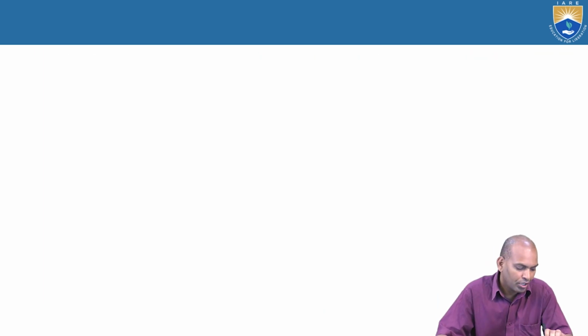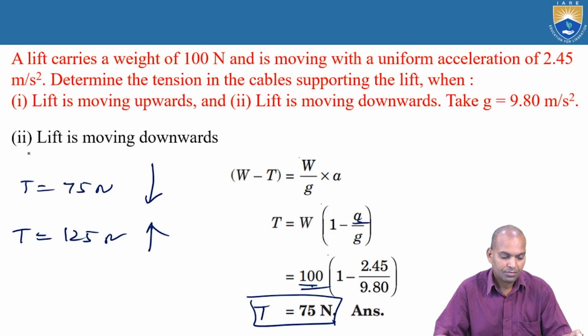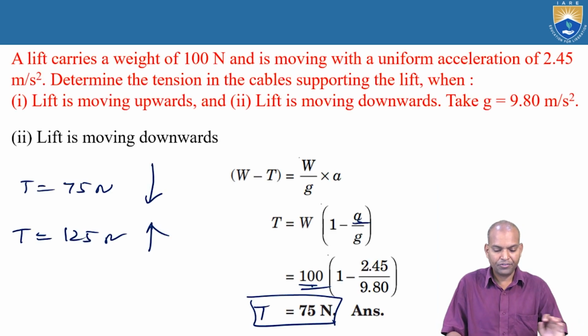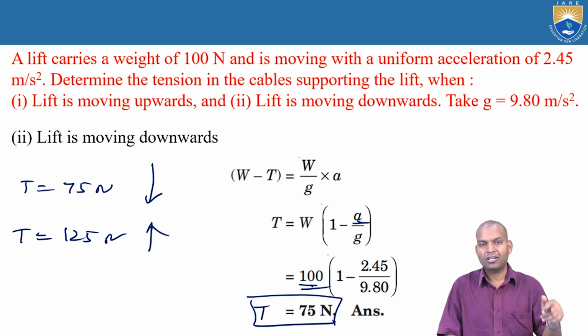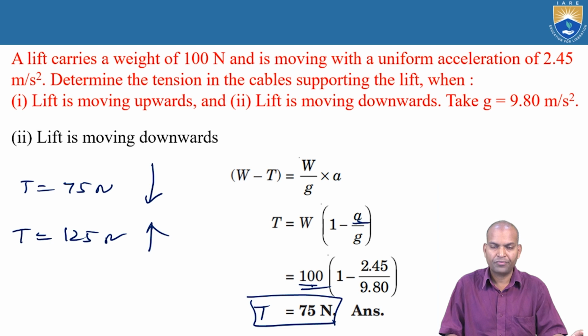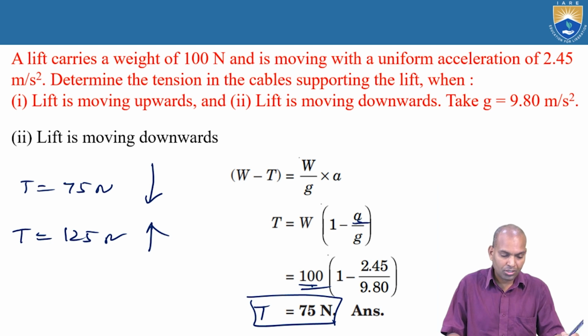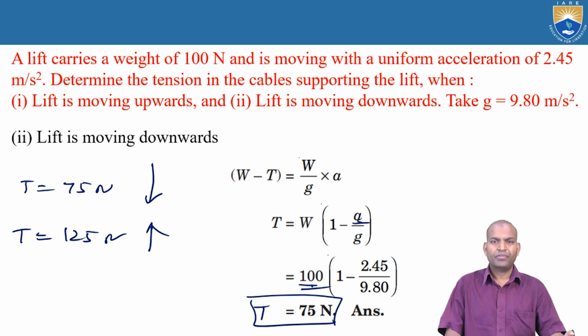In this session we studied three cases. Case 1 is the acceleration of a body on an inclined smooth surface, the second case is the acceleration of a body on an inclined rough surface, and the third case is the analysis of lifting machines.